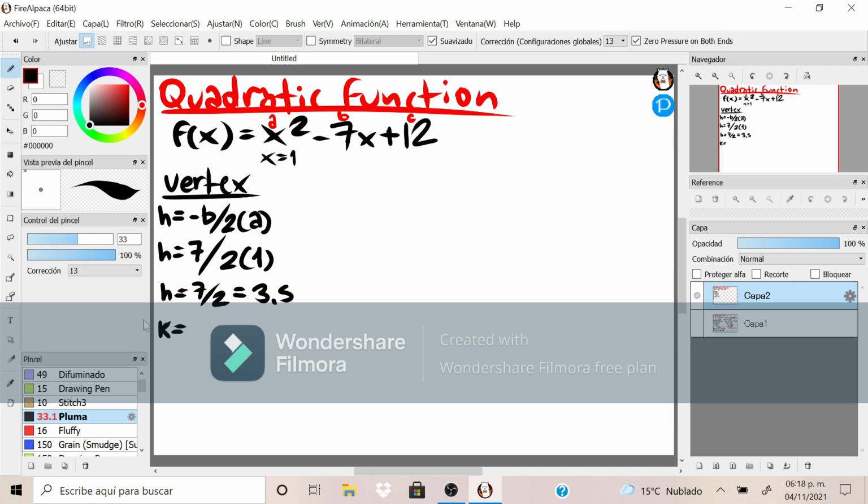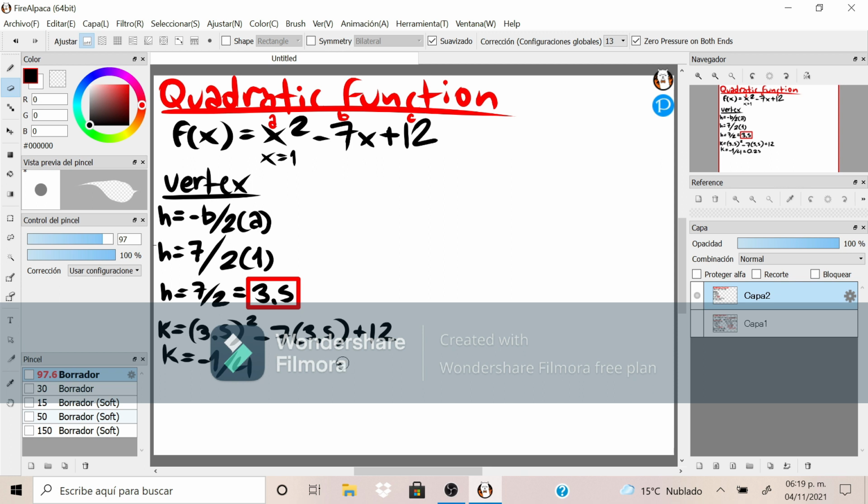So k equals 3.5 squared, minus 7 times 3.5, plus 12, which gives us minus 1 quarter, which in decimal would be minus 0.25, but we're not going to use that.